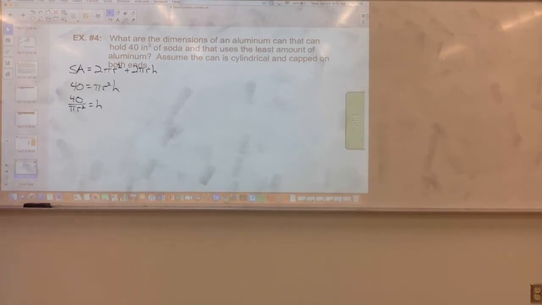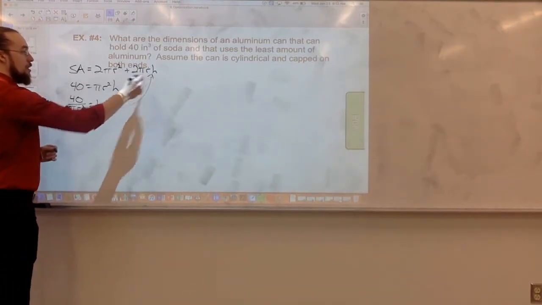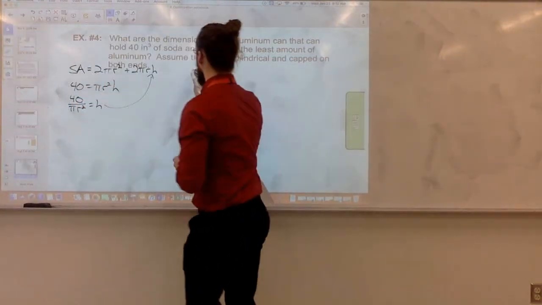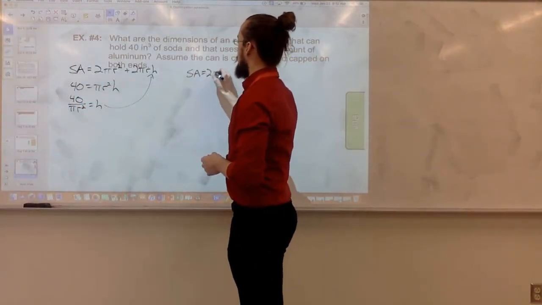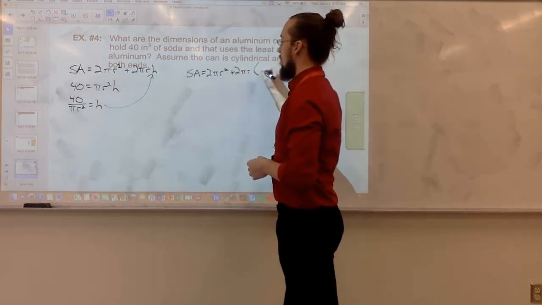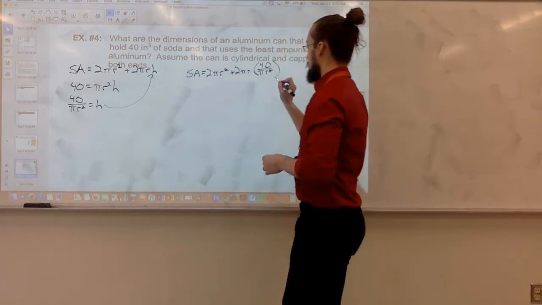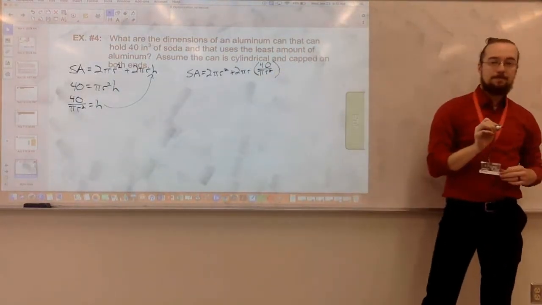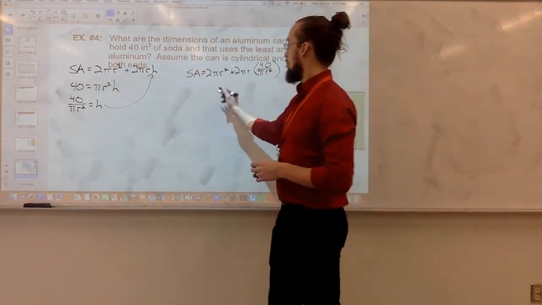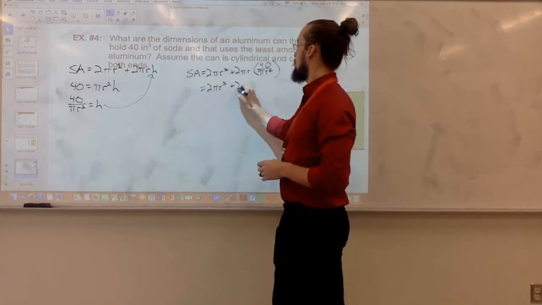So I can now take this and plug this in for h in my surface area equation. So I can say that my surface area is 2 pi r squared plus 2 pi r times 40 over pi r squared. Now you can simplify this piece some, right? So this is 2 pi r squared plus 2.